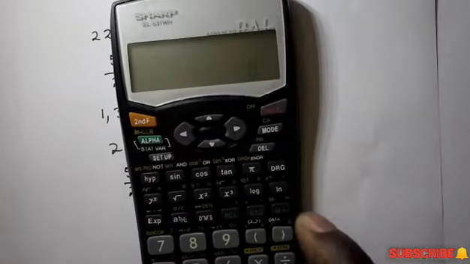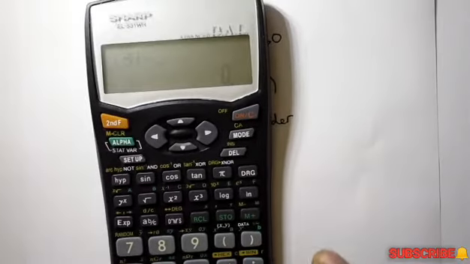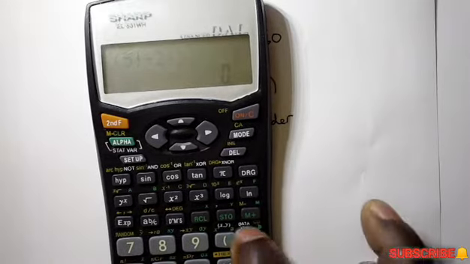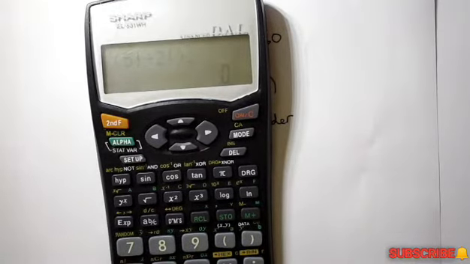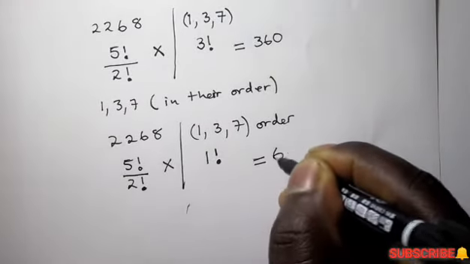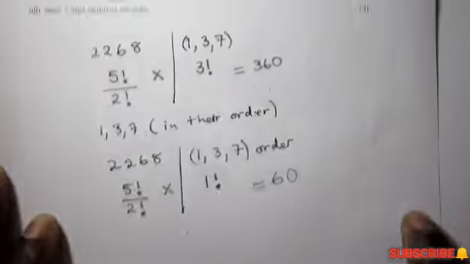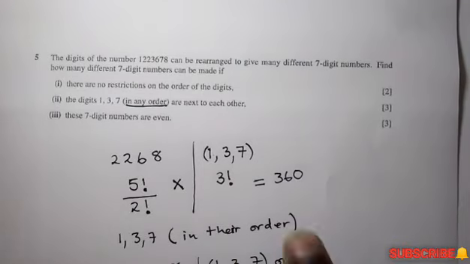So 5 factorial divided by 2 factorial, then you close your bracket. 1 factorial is as good as 1. So your answer will be 60. So 60 will be your answer if the question comes 137 in their order. But here they said in any order. So your answer is 360. I hope you are following, class. I want you to stay tuned as we move on to part 3 of the question.